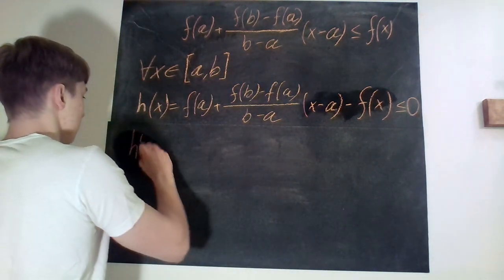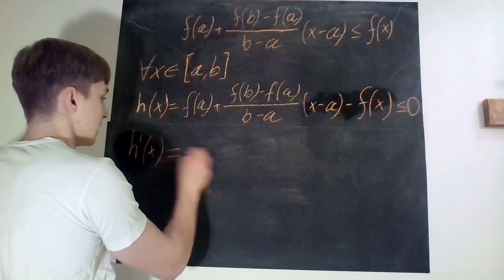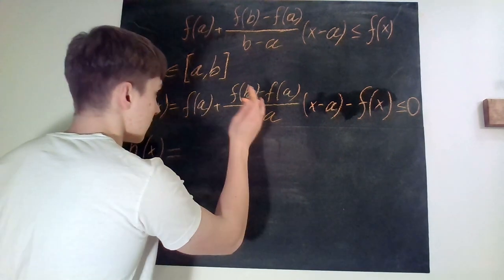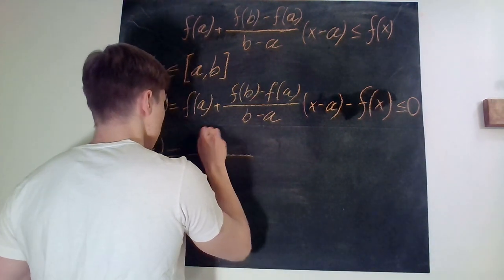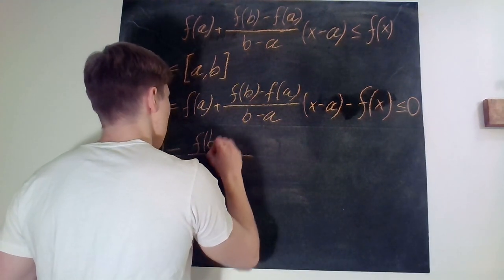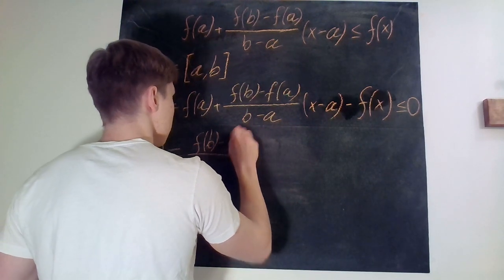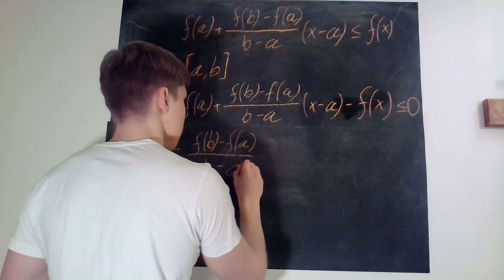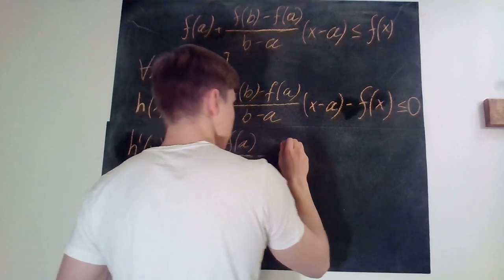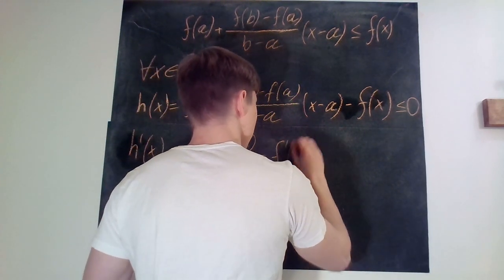We start by taking the derivative with respect to x. So this thing here disappears. This becomes just 1, so we only get the coefficient left: f of b minus f of a over b minus a, and then minus f prime of x.